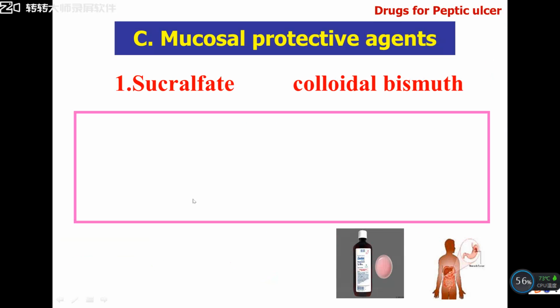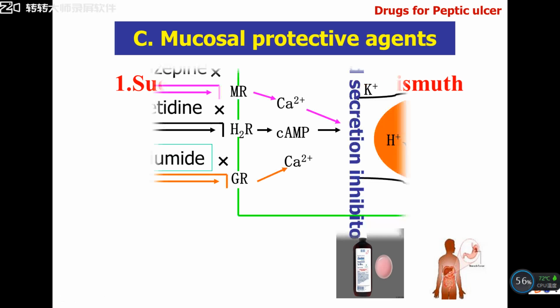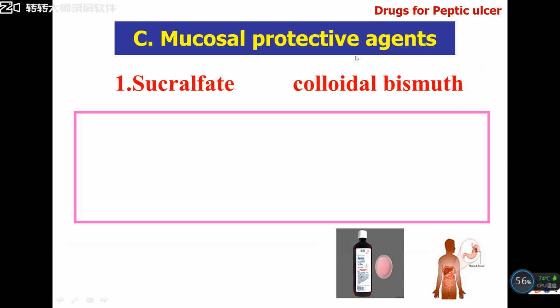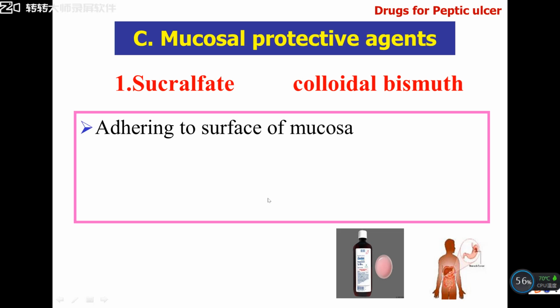The first kind was antacids. The second kind, just note, are the gastric acid secretion inhibitors. The third kind is gastric mucosa protectors, and includes bismuth. Bismuth compounds are widely used these days.